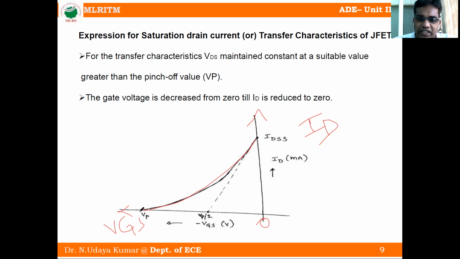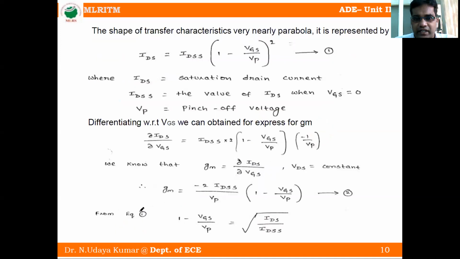If VGS is equal to 0, the drain current is maximum, and that current we call IDSS, the saturation drain current. In the transfer characteristics the shape nearly looks like a parabola.